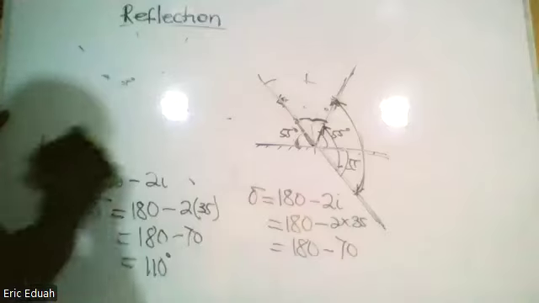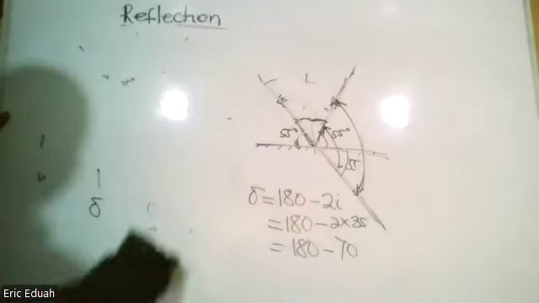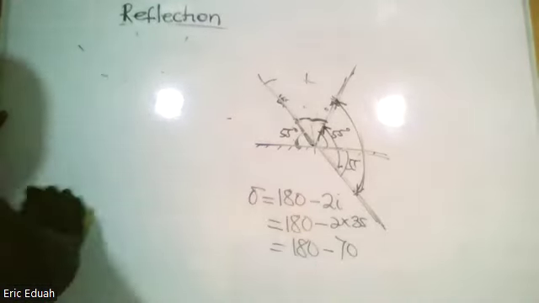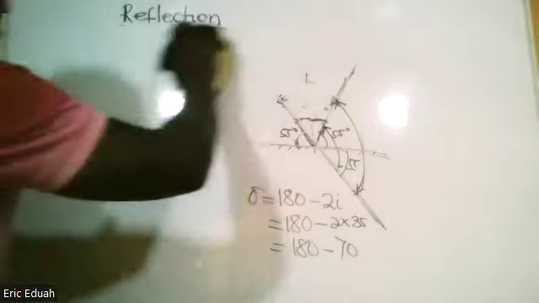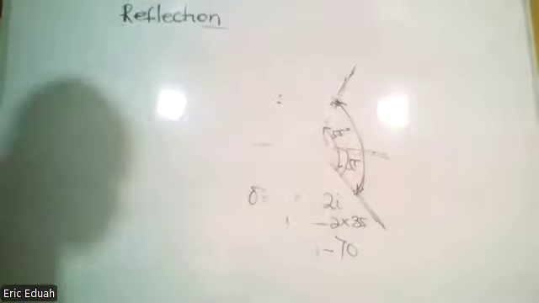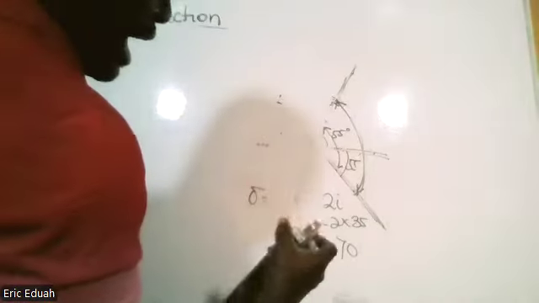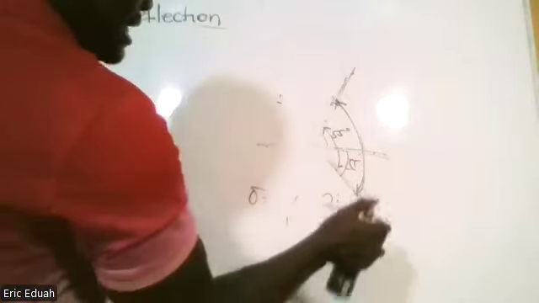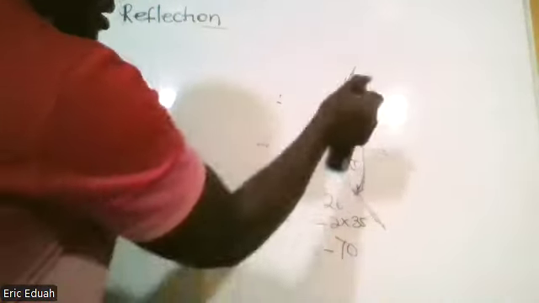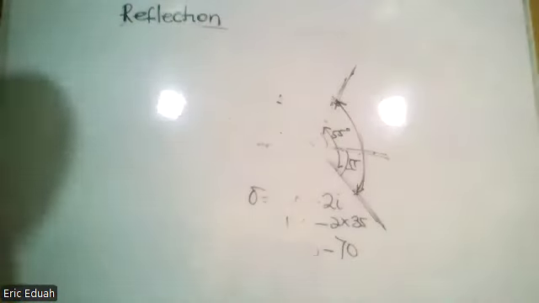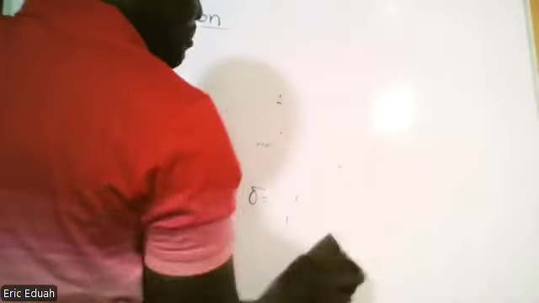And now the other thing I want us to look at under reflection of light is when two mirrors are inclined at an angle, or at some specific angles, what will be the number of images produced?